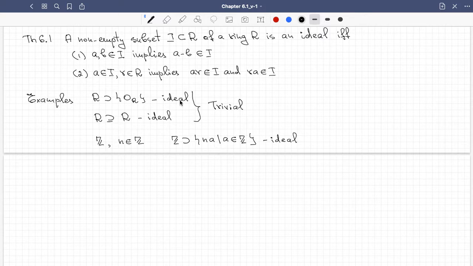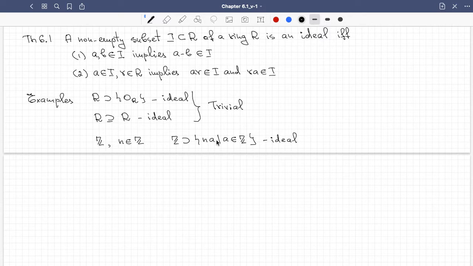You produce the trivial ideal if n is 0. You produce the whole ring when n is plus or minus 1, a unit. Either plus 1 or minus 1 times all integers are all integers, and negative 1 times any integer is still an integer.